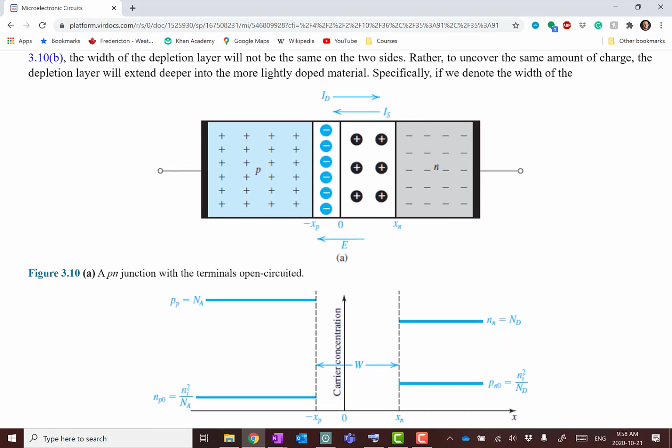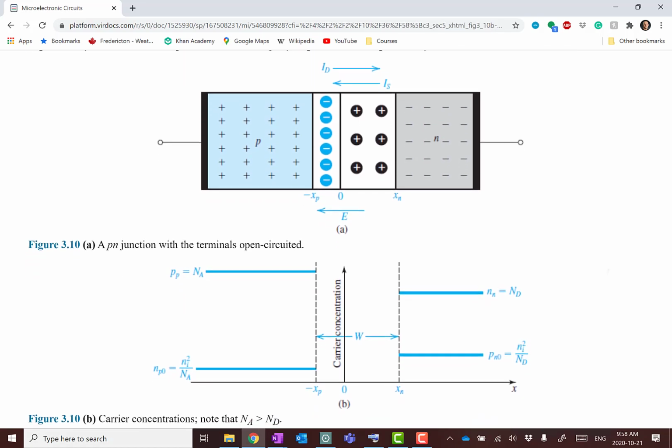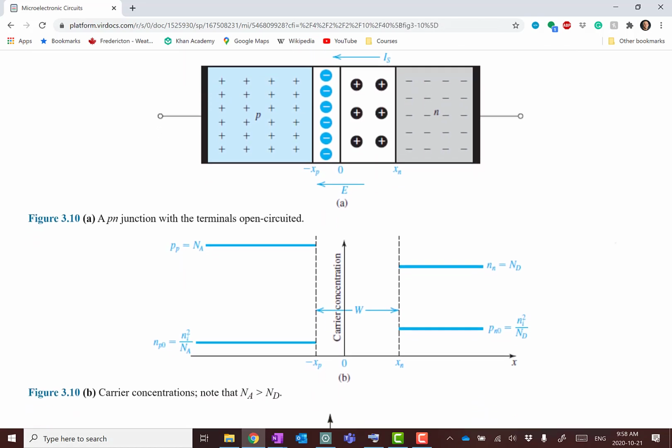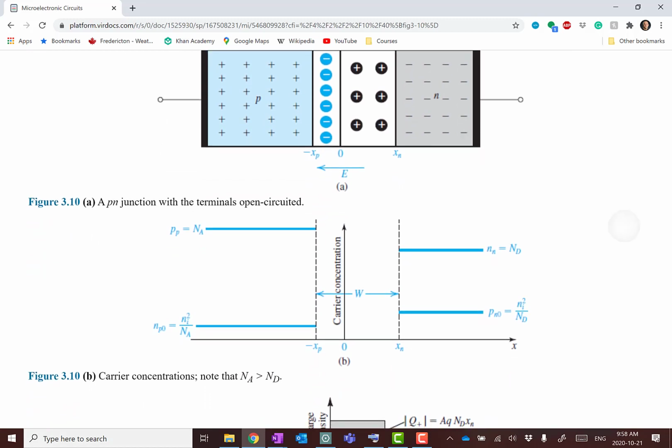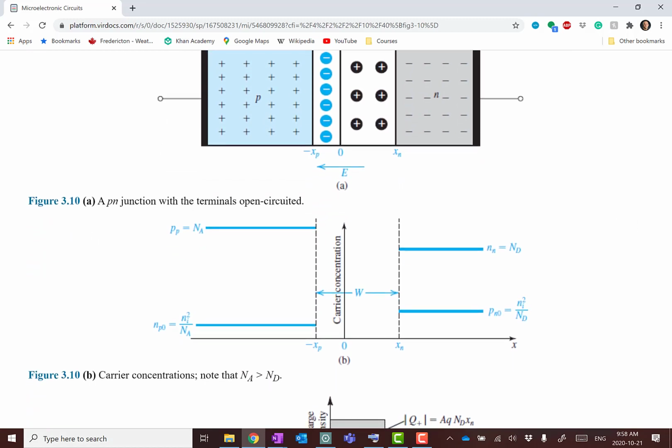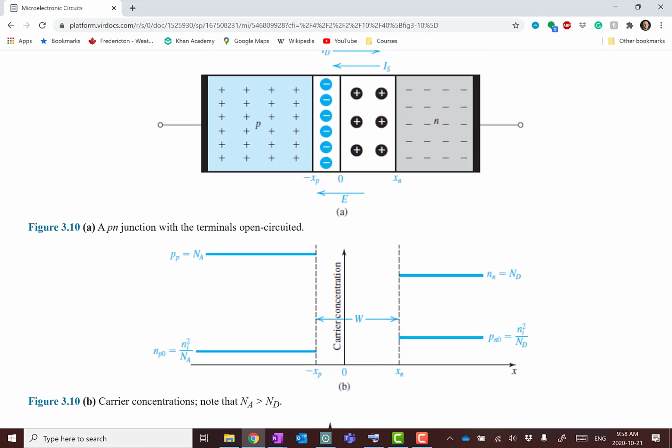Okay, so we see the doping concentrations on figure B of this diagram, and you'll see that the doping in the P region is higher, as depicted by the concentration of acceptor atoms versus the concentration of donor atoms in the N-type material.